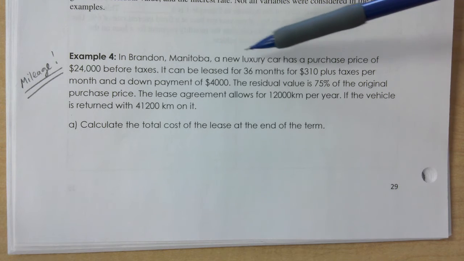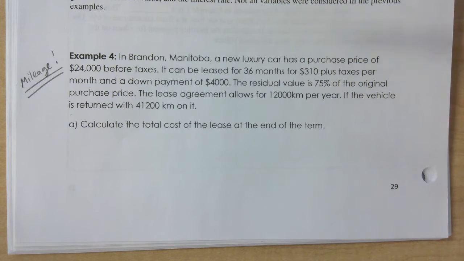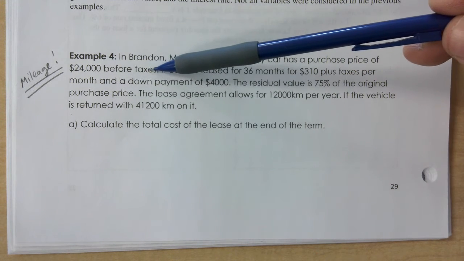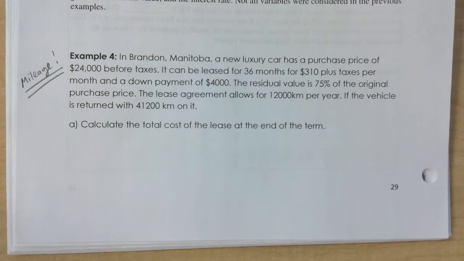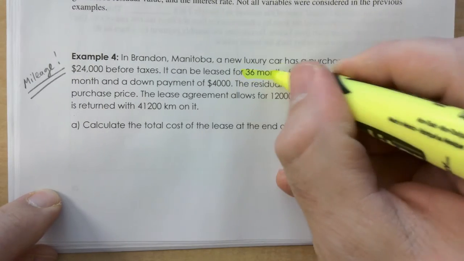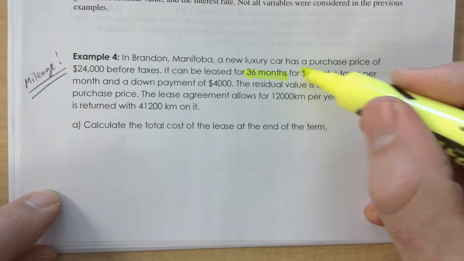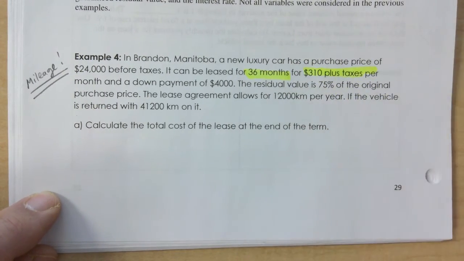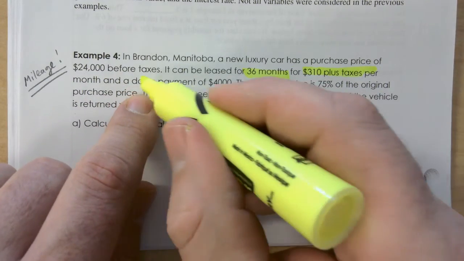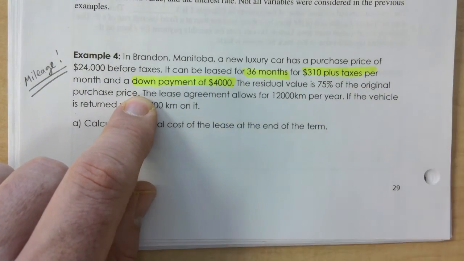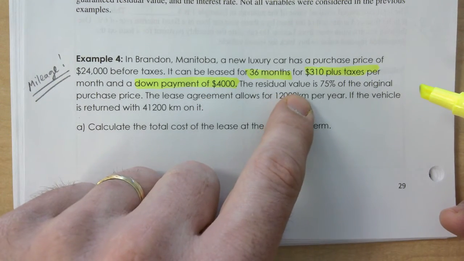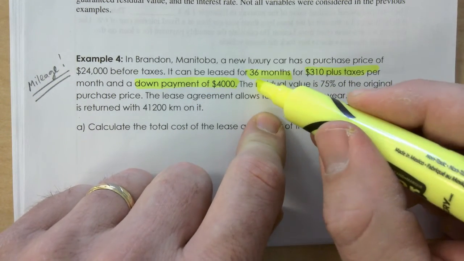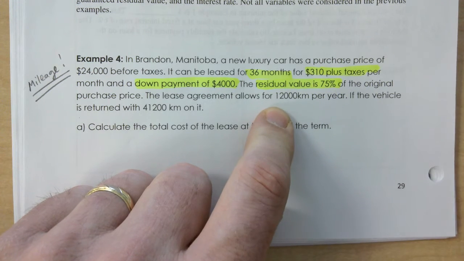In Brandon, Manitoba, a new luxury car has a purchase price of $24,000 before taxes. It can be leased for 36 months, okay? That's important. For $310 plus tax. And you need a down payment of $4,000. The residual value is 75% of the original price.